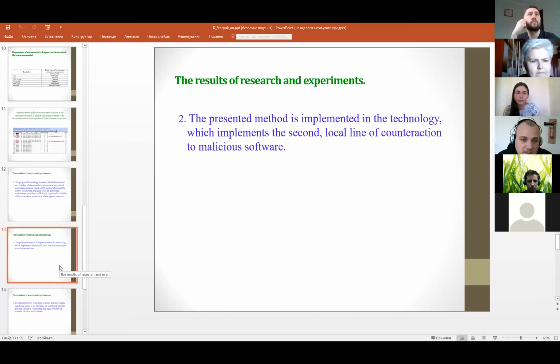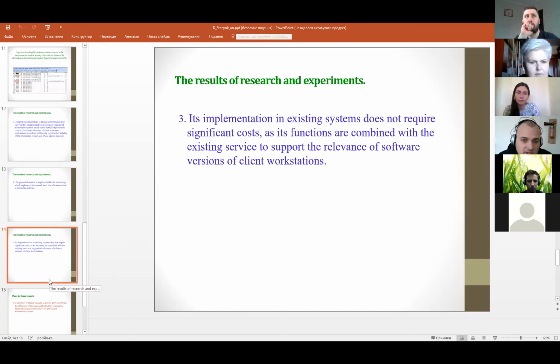The result of research and experiments. The present method is implemented in the technology which implements the second local line of concentration against malicious software. Its implementation in an existing system does not require significant cost, as its functions are combined with the existing service to support the relevance of software versions of the client workstation.